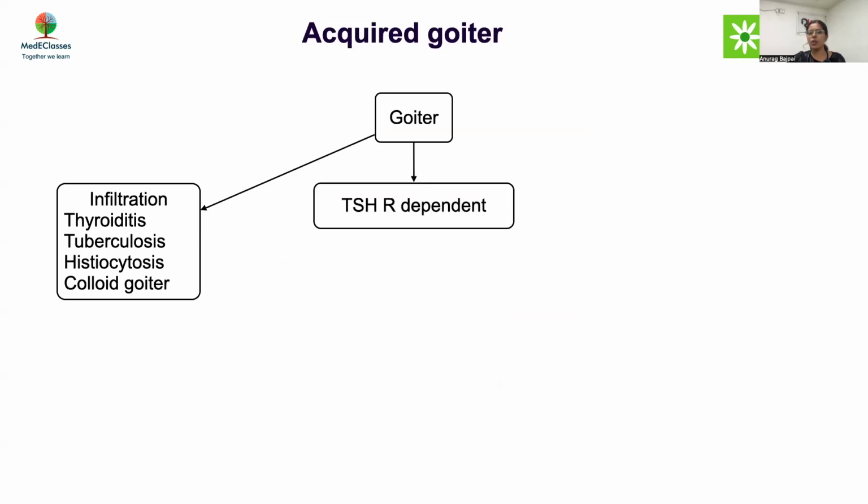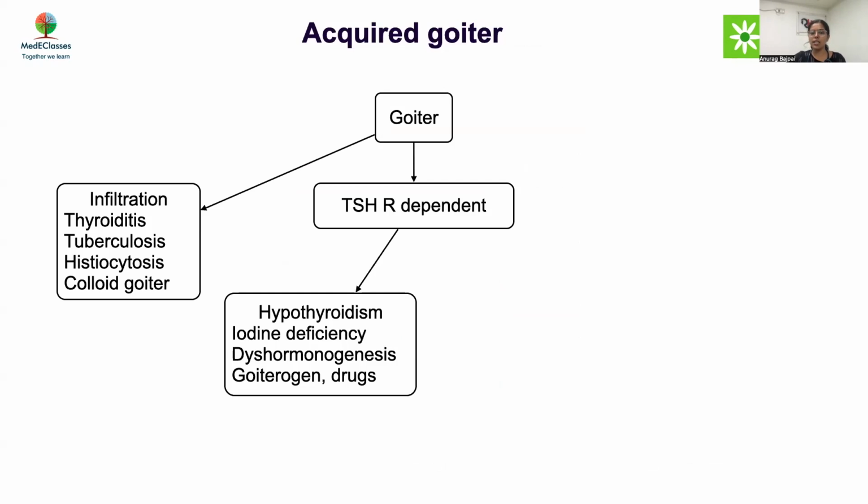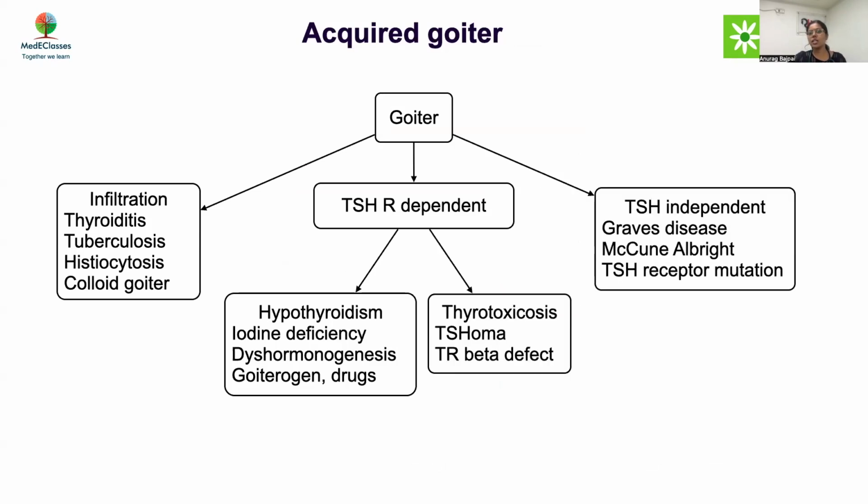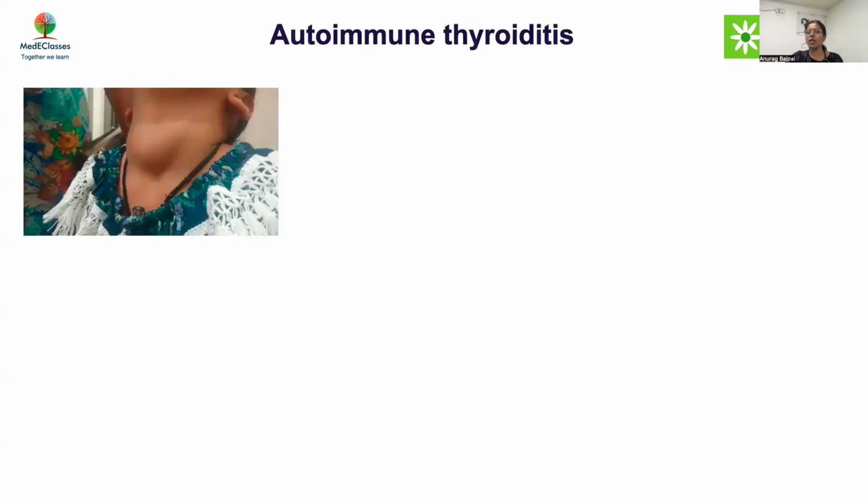TSH dependent causes, which result in hypothyroidism, include iodine deficiency, dyshormonogenesis, goitrogens, and drugs like anti-cancer drugs or tyrosine kinase inhibitors, and thyrotoxicosis due to TSH-oma and TR beta defect. TSH independent causes include Graves disease, McCune-Albright, and TSH receptor mutation.